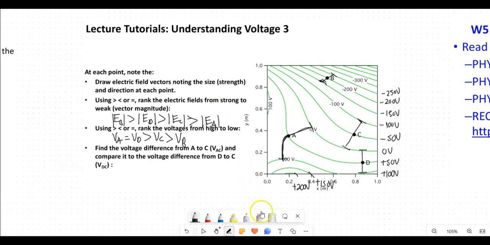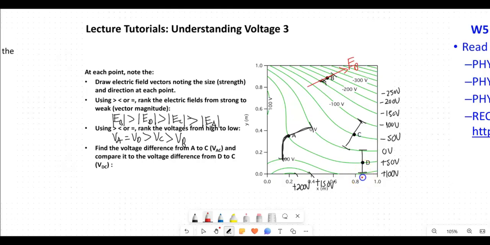Now, if we erase all that, well, actually, let me keep it. The electric field lines have to point downhill. So if B is the largest electric field vector, it's got to be strong and pointing downhill and perpendicular to these lines.